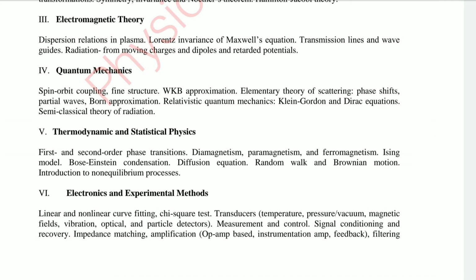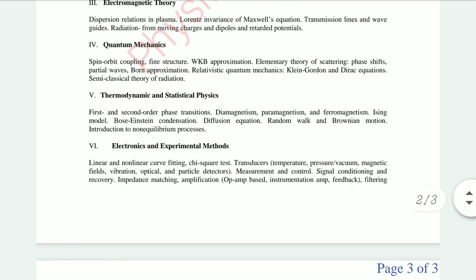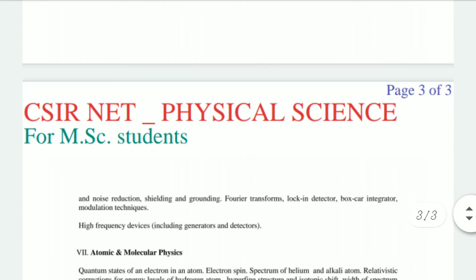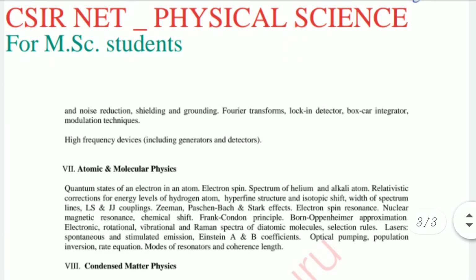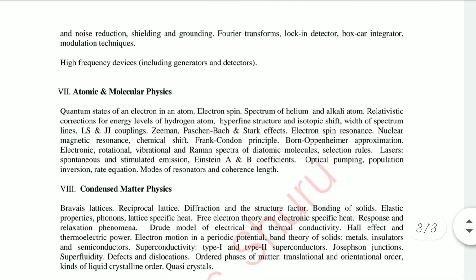Yes, in this section you have to read linear and non-linear curve fitting, chi-square test, transducers, that is in like temperature, pressure or vacuum, magnetic fields, vibration, optical and particle detectors, measurement and control, signal conditioning and recovery, impedance matching, amplification, op-amp based instrumentation amplifier obviously, feedback, filtering, and noise reduction, shielding and grounding, Fourier transform, lock-in detector, boxcar integrator and modulation technique, high frequency devices including generators and detectors.